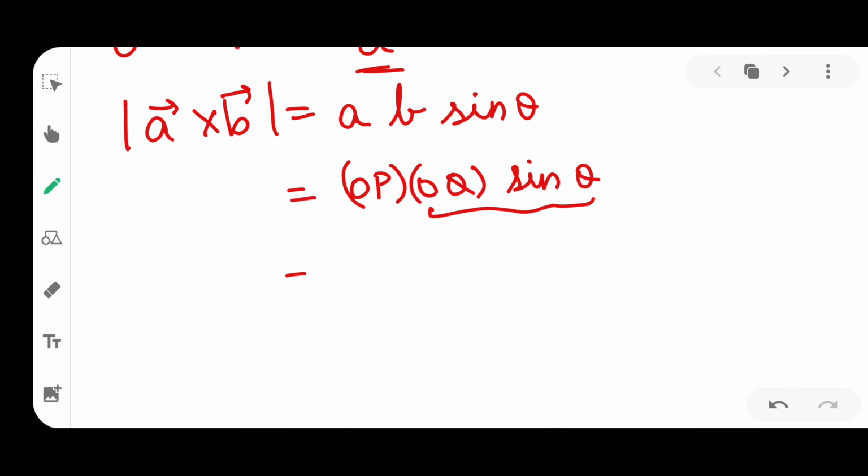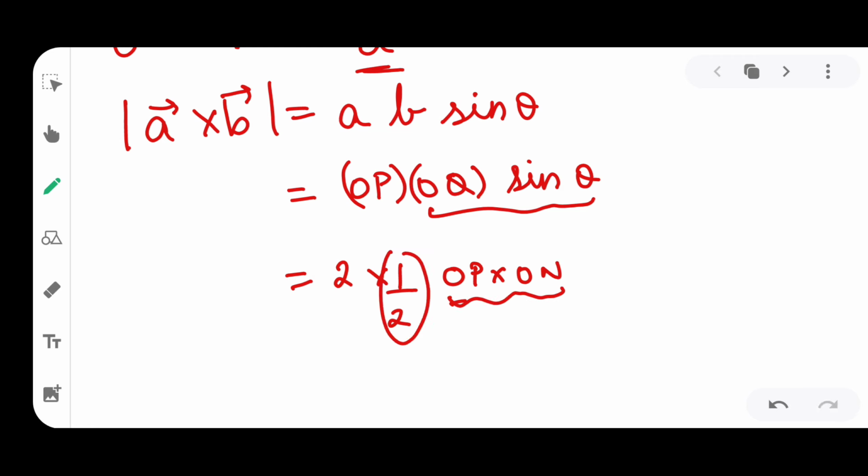Now we will multiply and divide by 2. So OP into OQ sine theta, and OQ sine theta can be written as ON. OP into ON, half into base into height, which is nothing but the area. So this is the area of triangle OPQ.